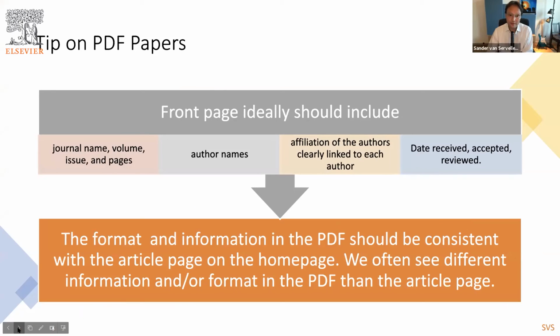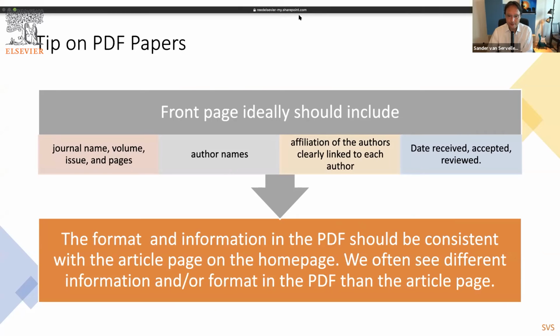The PDFs of the papers are important, and even though that's not written into the formal criteria, it's something that over the years I've noticed is important. Sometimes when you go to the webpage of a journal, you can see the HTML article, and it will have a certain title and author names and an abstract, and then you click through to the PDF, and it's a different title, different abstract, or it looks completely different.